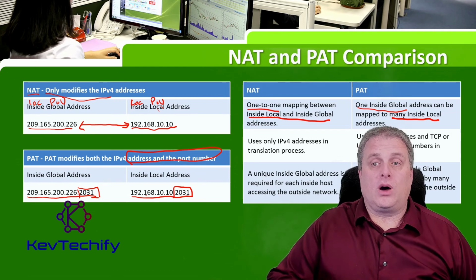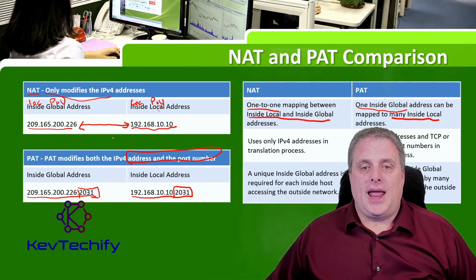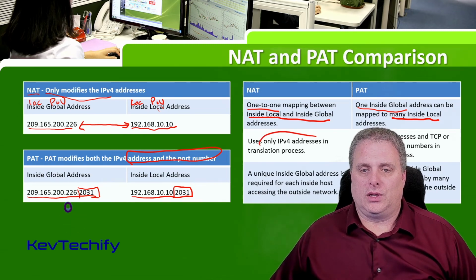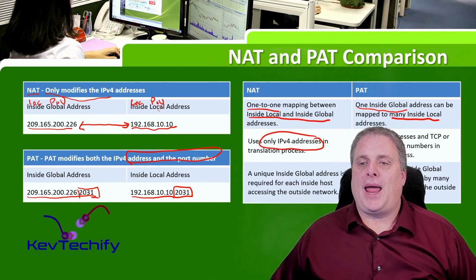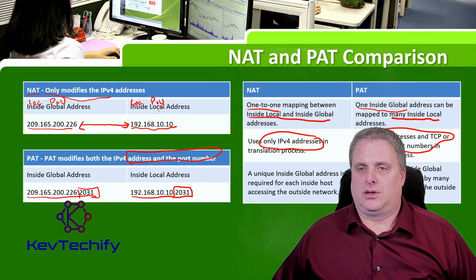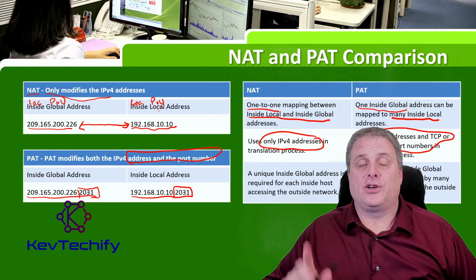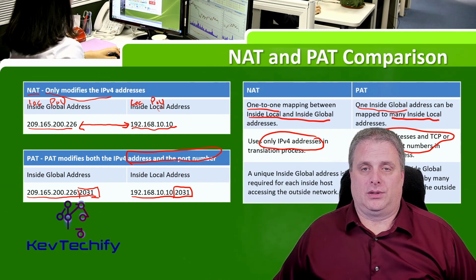NAT is a one-to-one. PAT is a one-to-many. NAT only uses IPv4 addresses. So only IPv4. PAT uses IPv4 and port numbers. So NAT is only the IP address. PAT is the IP address and port number.